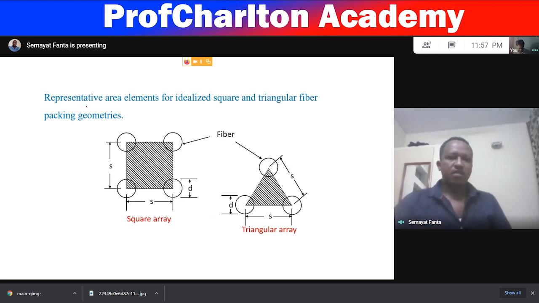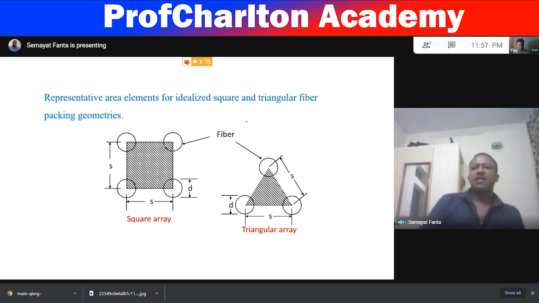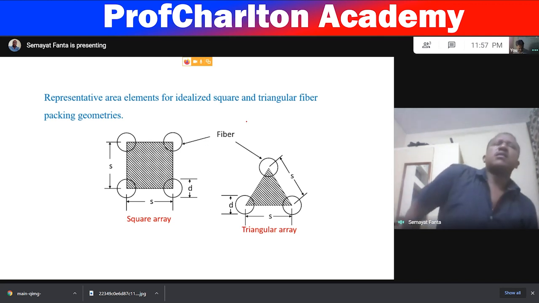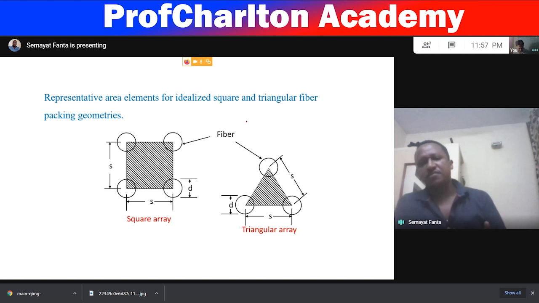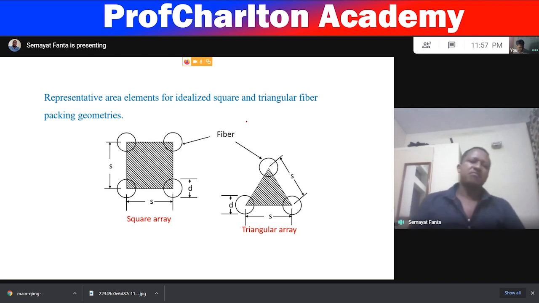So how we can represent the representative area element, how we can idealize different types of packing geometries in analysis. Sometimes we have a square array of fibers in the matrix, or sometimes we have a hexagonal array of fiber arrangement, or sometimes it can be randomly distributed fibers.